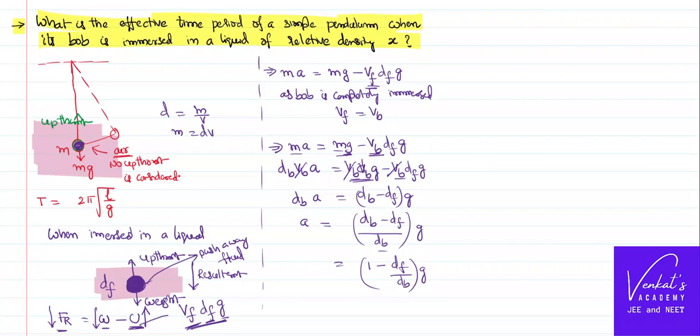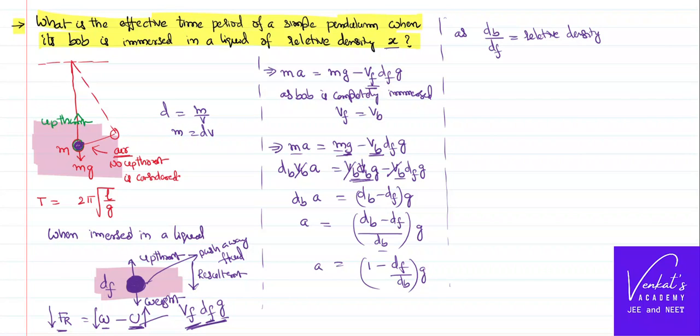Density of the body by density of the fluid is called relative density. Generally, relative density with respect to water is mentioned, but here it is the relative density with respect to this fluid.